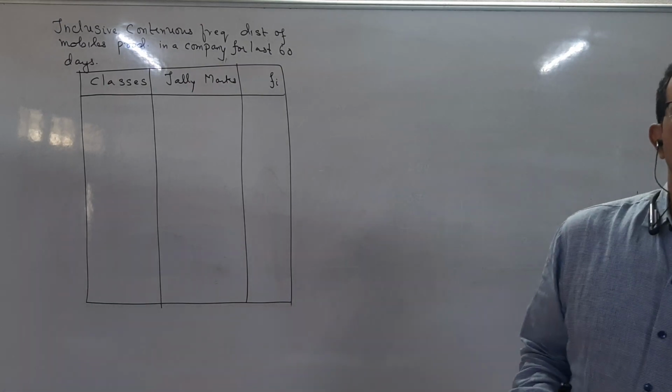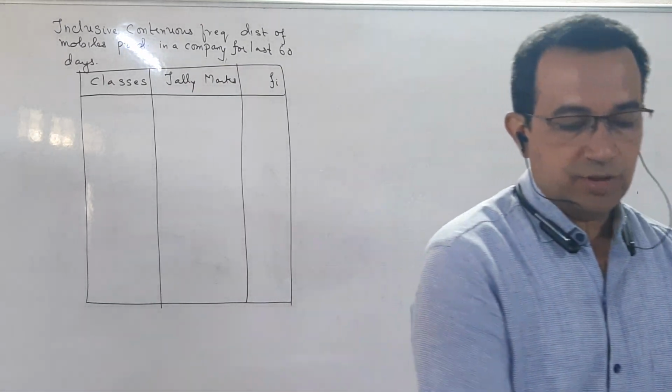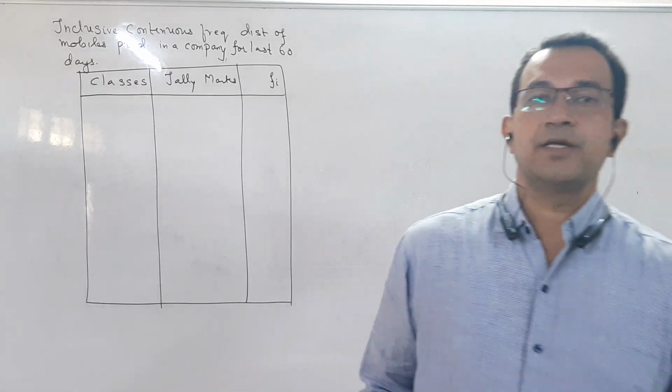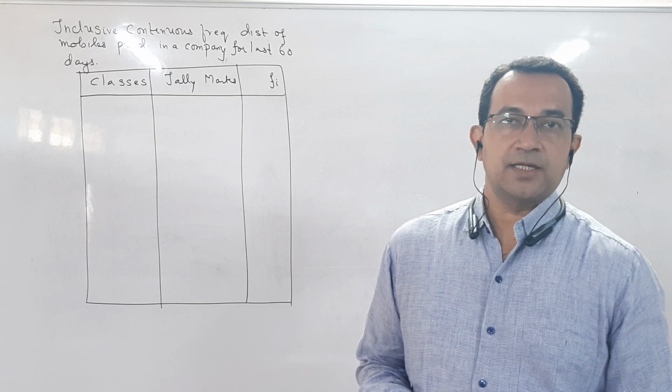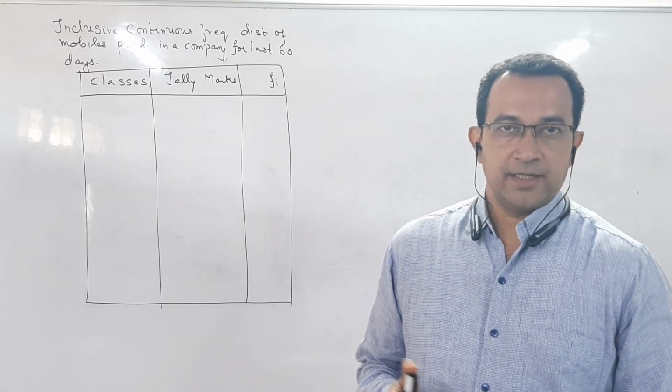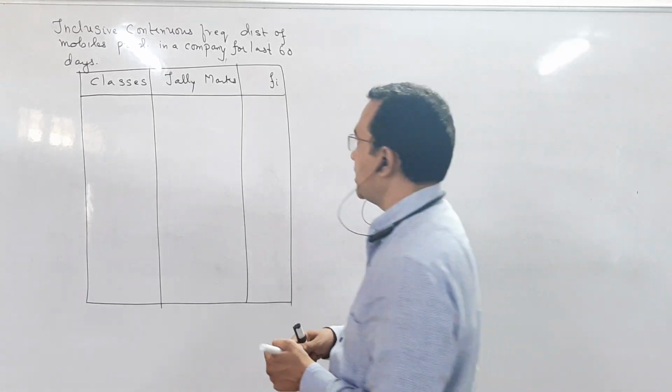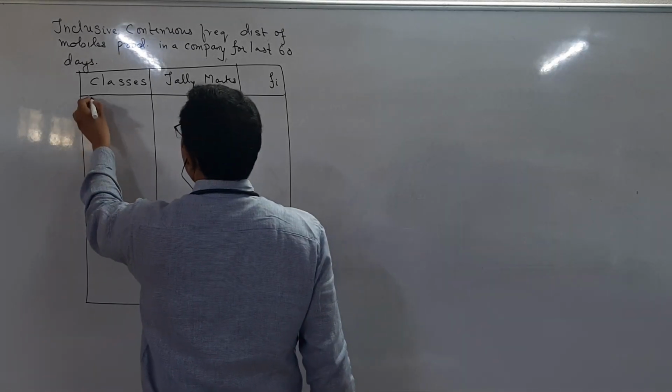As I told you, students, our first class limit must include 188. So I can start from 100. So 100 to 199, this is the first class.